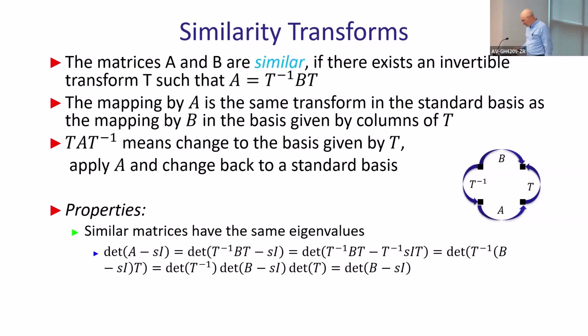So determinant of A minus SI equals, practically, there is a trick to convert this, but the first step is very simple. I'm just replacing A with its definition using B, which is T inverse B T, which was defined here, right?